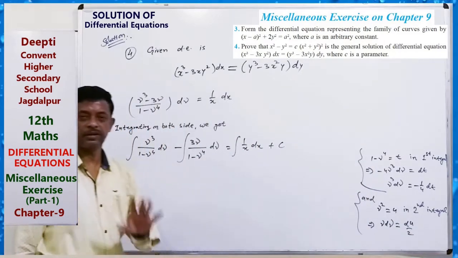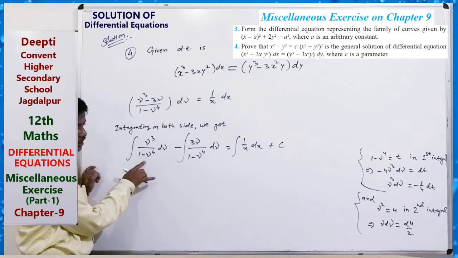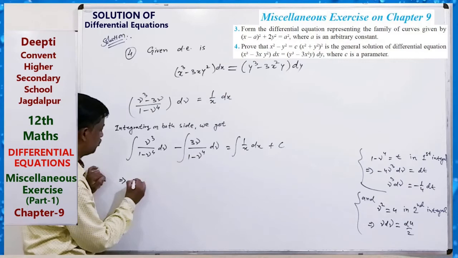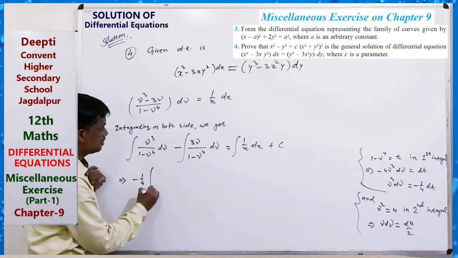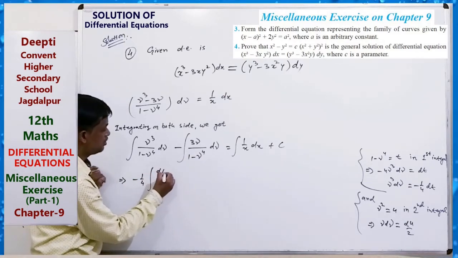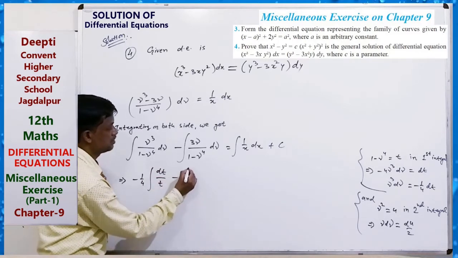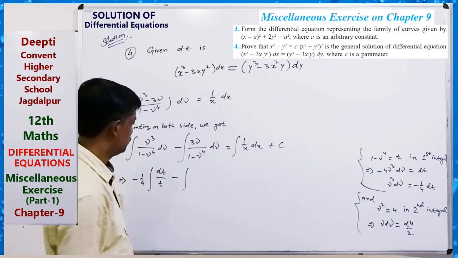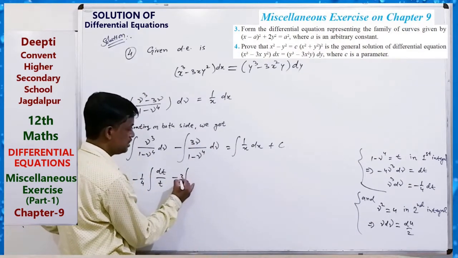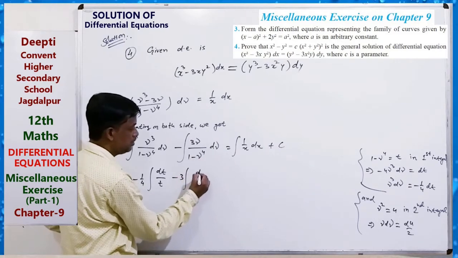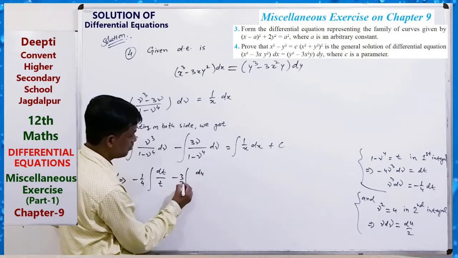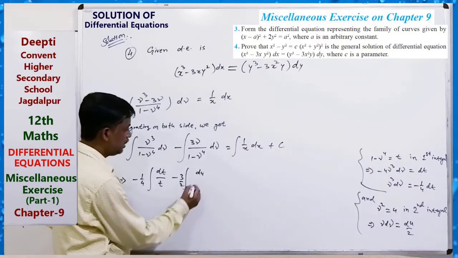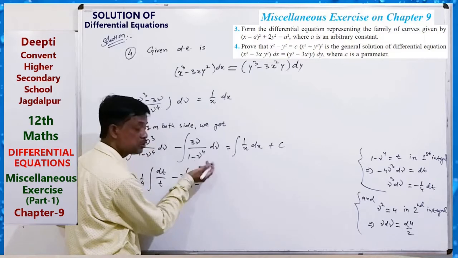So here we can see that this is equals to minus 1 by 4 integration of dt upon t, minus 3 by 2 du, with v dv equals to du by 2 taken outside, and upon 1 minus v square.